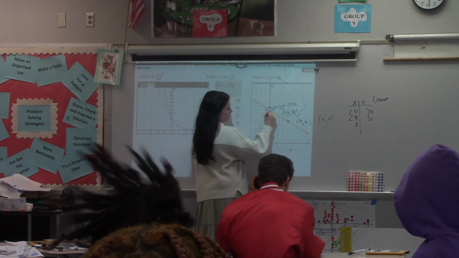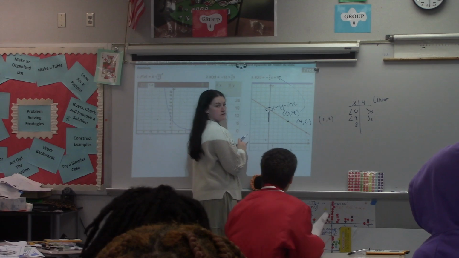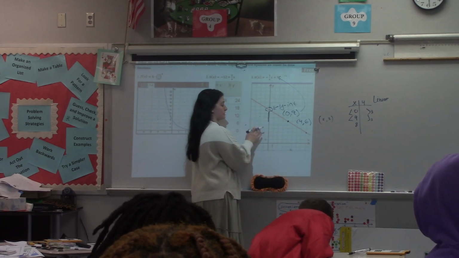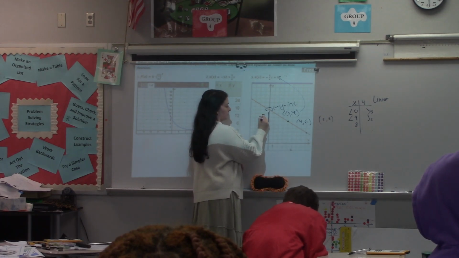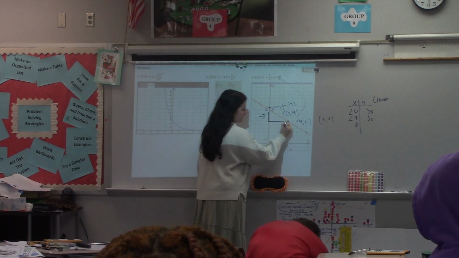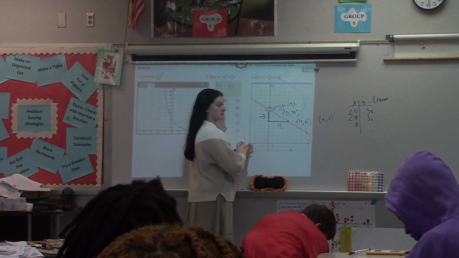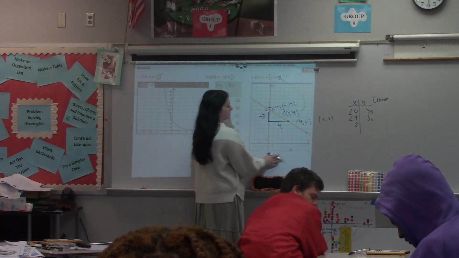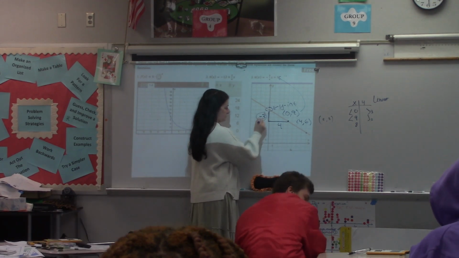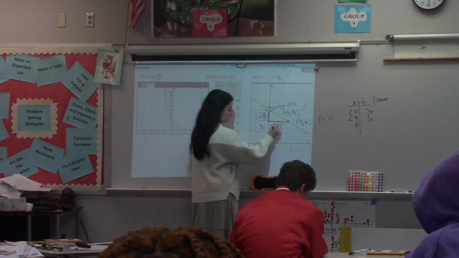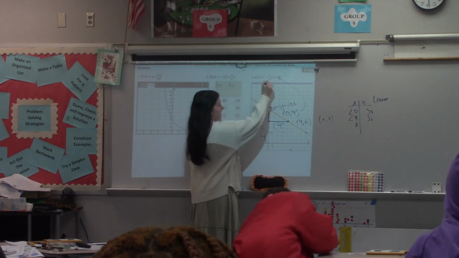How many do I have to go down? 3. And we're going down, so is it positive or negative? Negative. And we're going right, how many? 4. Positive or negative? Positive, because we're going right. We're going up the x-axis. So rise over run. Does that match this?